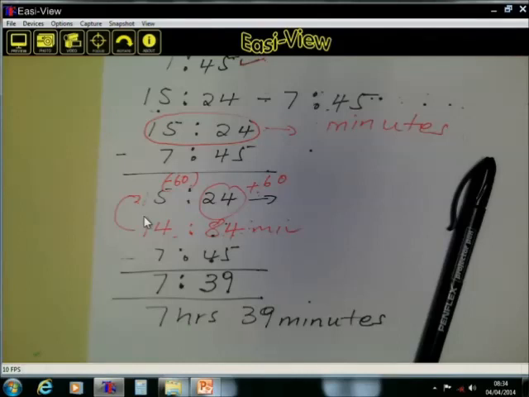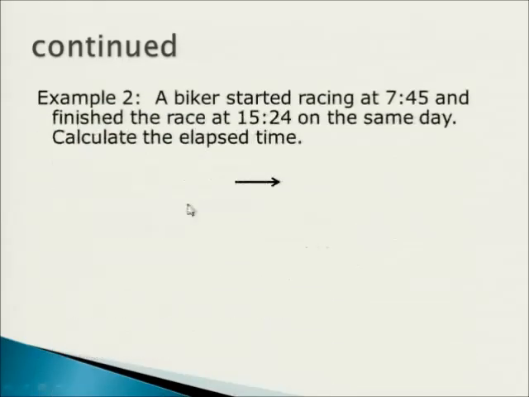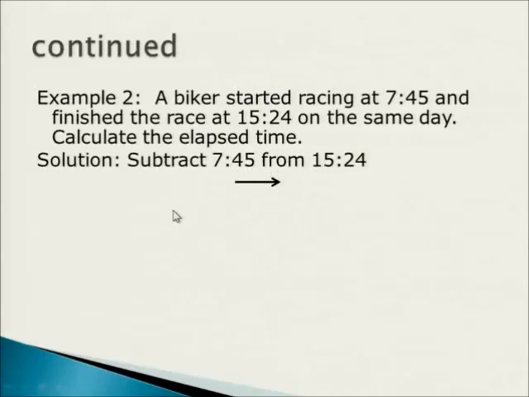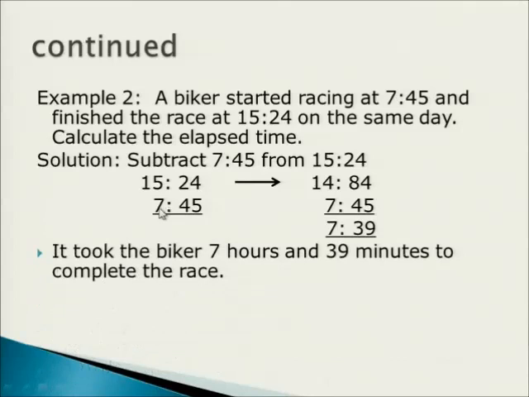That is the subtraction method. Let's go back to our presentation and see if what we did is similar to what is here. There it is. So it took the biker 7 hours and 39 minutes to complete the race.